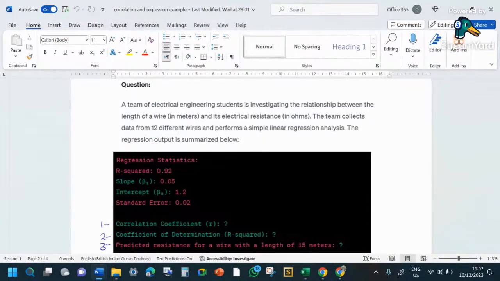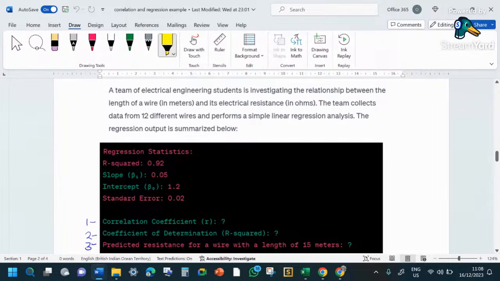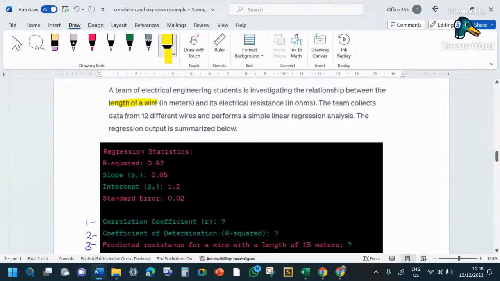All right, simple regression, linear regression, and correlation. This is the example. It's similar to what you're going to do in your exam. I'll read it. A team of electrical engineering students is investigating the relationship between the length of wire and its electrical resistance in ohms.